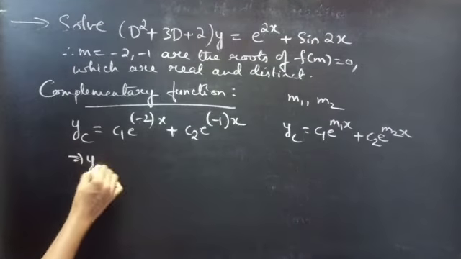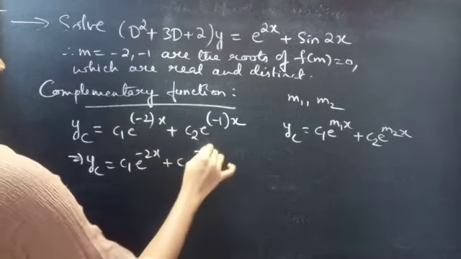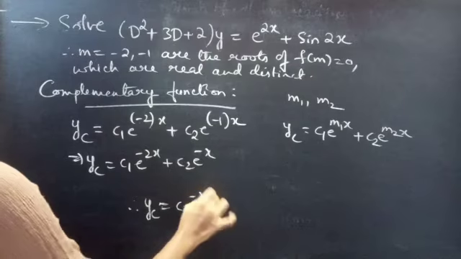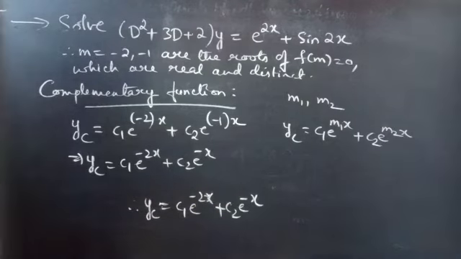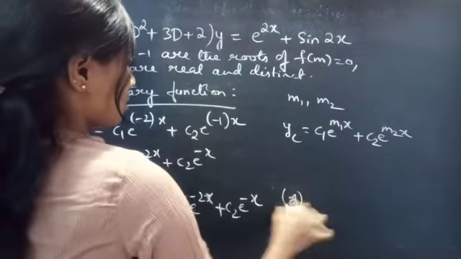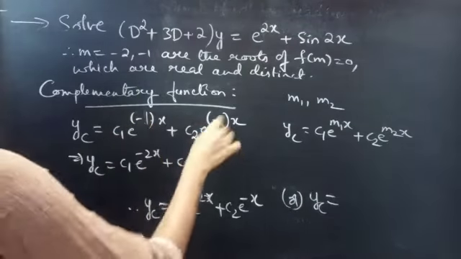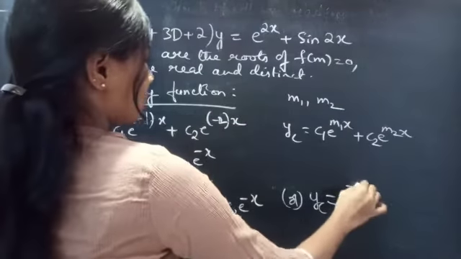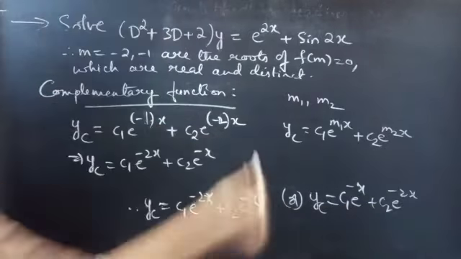Then y equals c1 e power minus 2x plus c2 e power minus x. Or you can just write it as y equals, in the place of minus 2, write minus 1, then you will get c1 e power minus x plus c2 e power minus 2x.